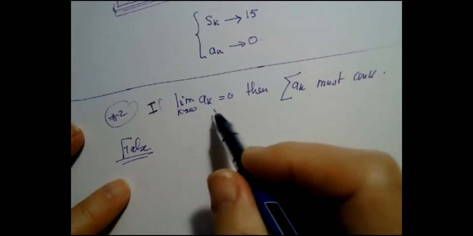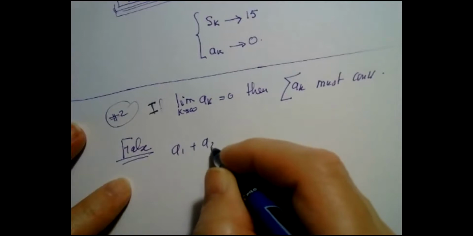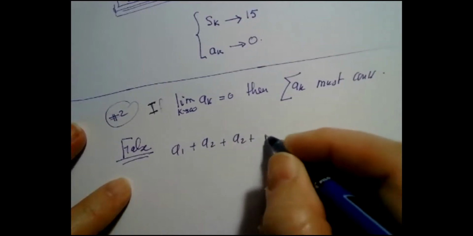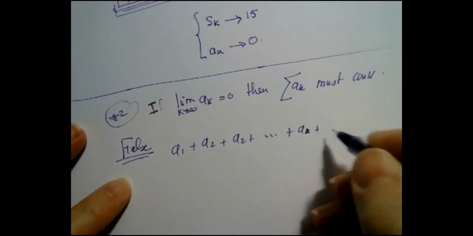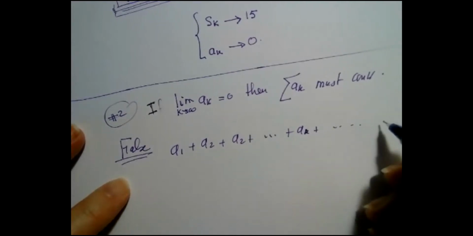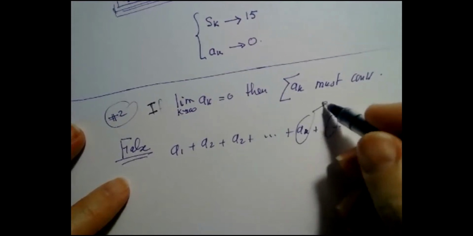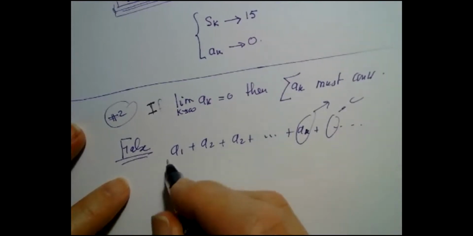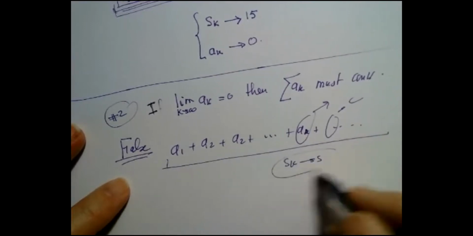And so it is false. If the limit equals 0, it means we're adding those terms, a_k, etc., and the single terms become close to 0. It doesn't mean that the partial sums have to converge to something.